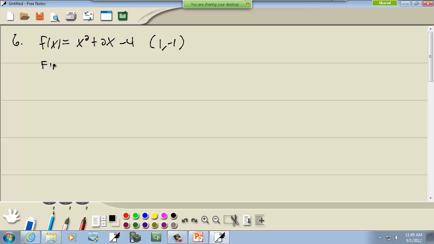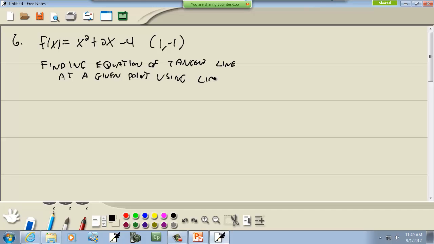And these steps here are finding the equation of the tangent line at a given point using the limit definition. So finding equation of the tangent line at a given point using limit definition.